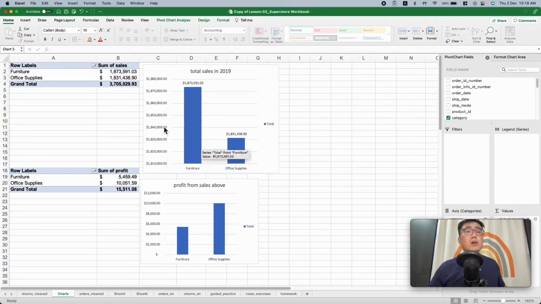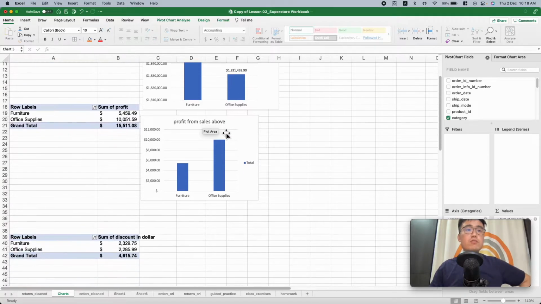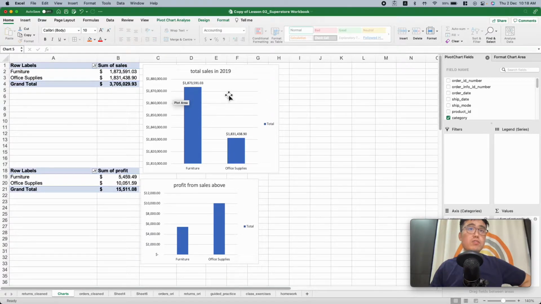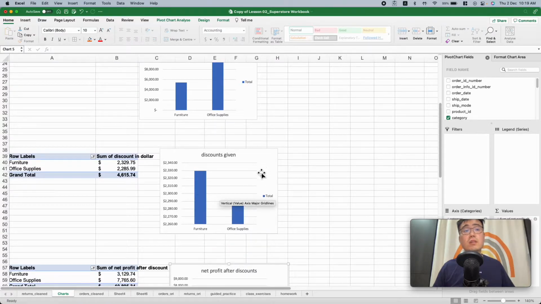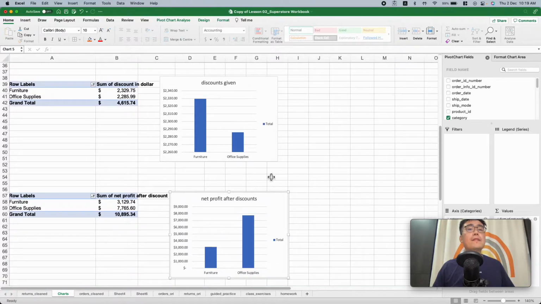So to help with the presentation, to give perspective, this is the flow that I've given. This is my logic: I'll show the total sales for these two categories in year 2019. I'll show the profit made. I will show the discounts given by the sales rep, which means if they do not give discounts, this is the amount that could be in net profit, and the net profit after discount.